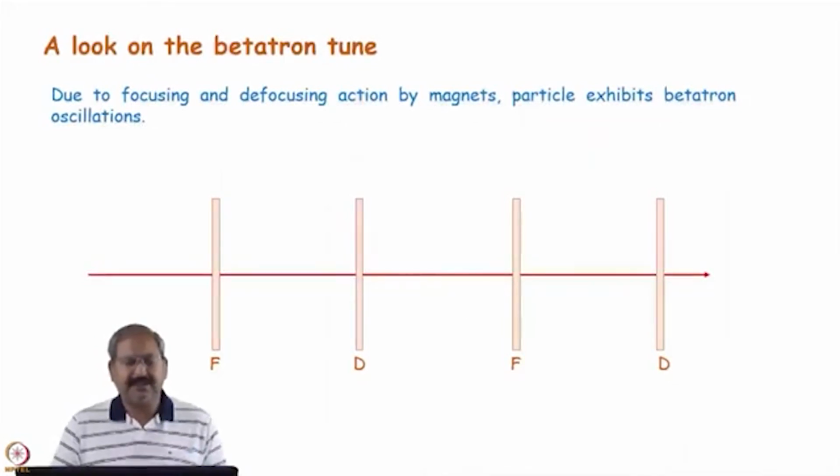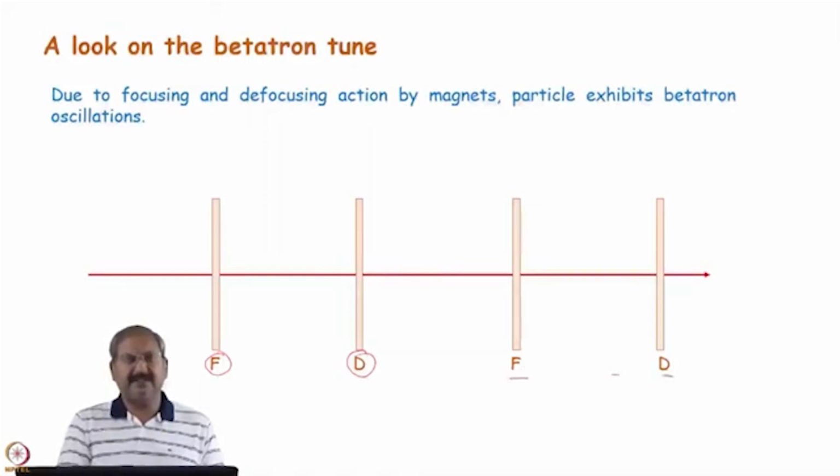So now we recap the Betatron theorem. Actually, we have a simple optics, in which a focusing quadrupole is here, then a defocusing quadrupole is here, and again this is repeated.